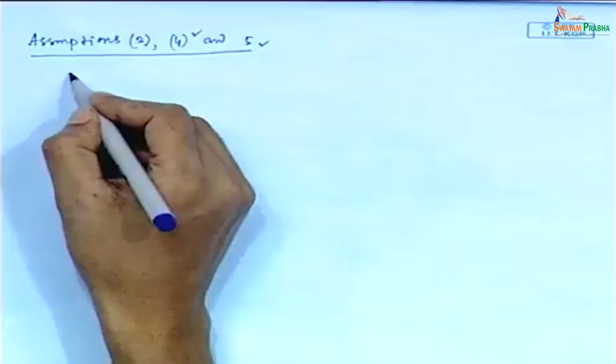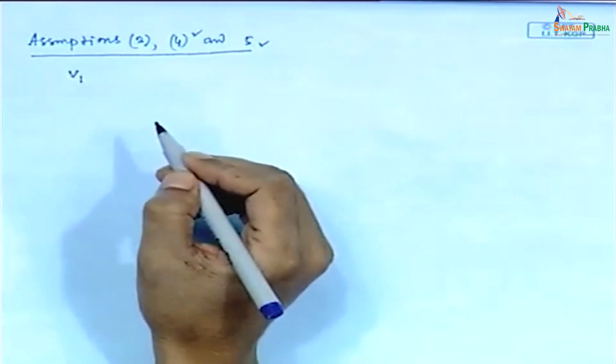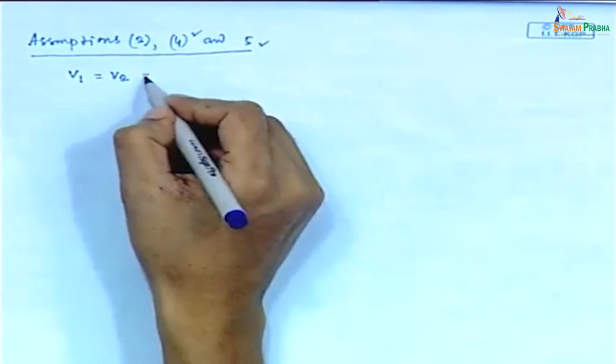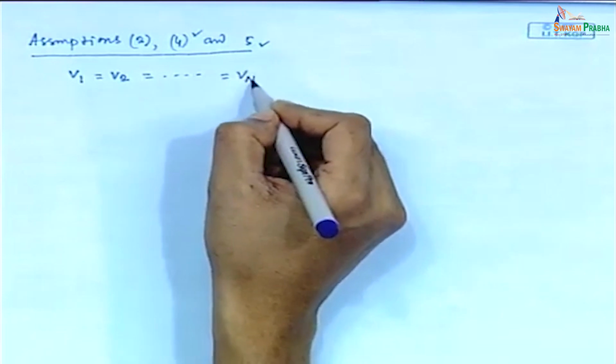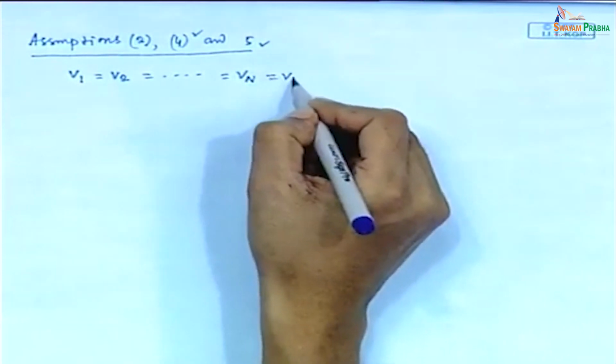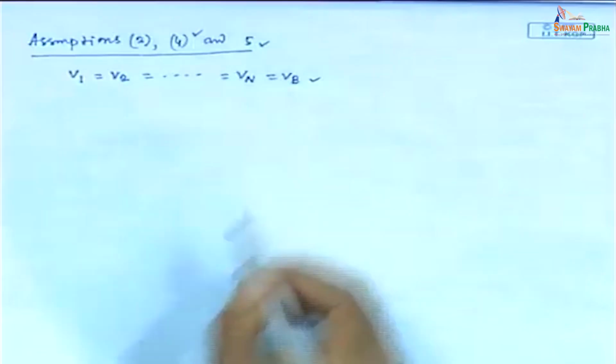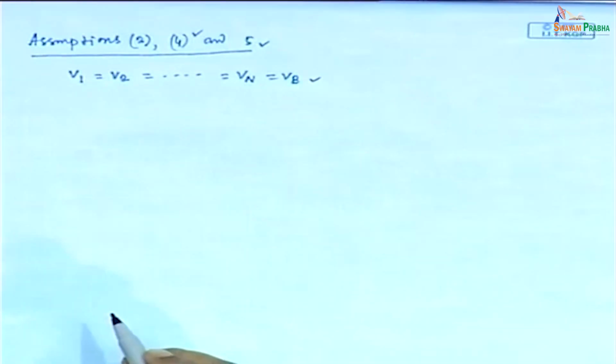The vapor leaving the first stage equals the vapor leaving the second stage, and likewise the vapor leaving stage n equals Vb. So, all the vapor flow rates throughout the column are identical: V1 equals V2 equals Vn, finally Vb.